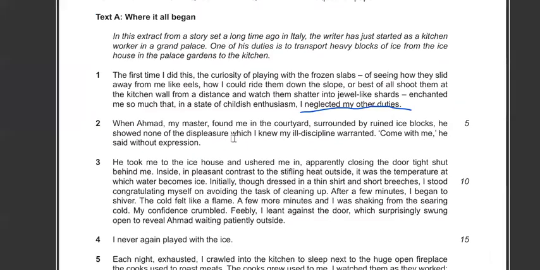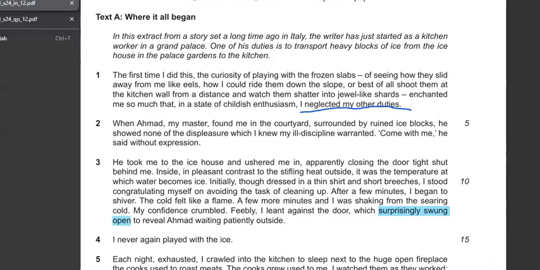It surprisingly swung open. Here is the phrase that is being used. Surprisingly swung open. And if we keep on reading the whole sentence, it reveals Ahmed waiting patiently outside.